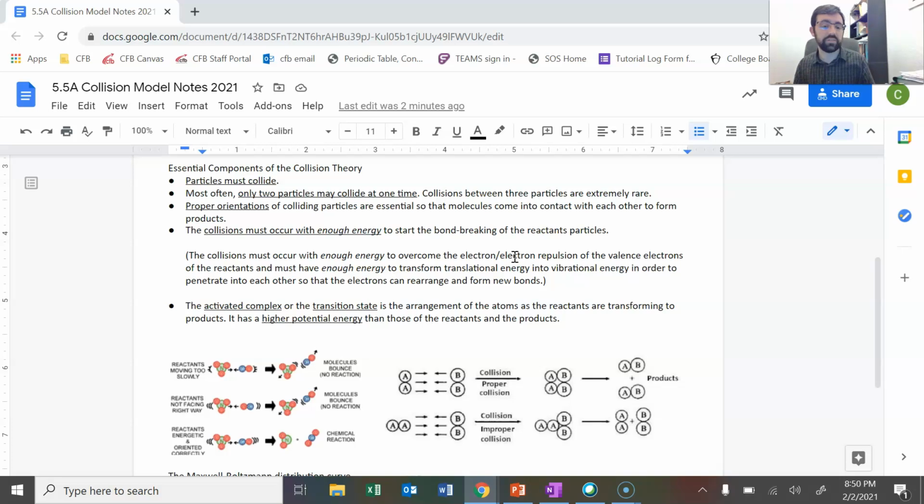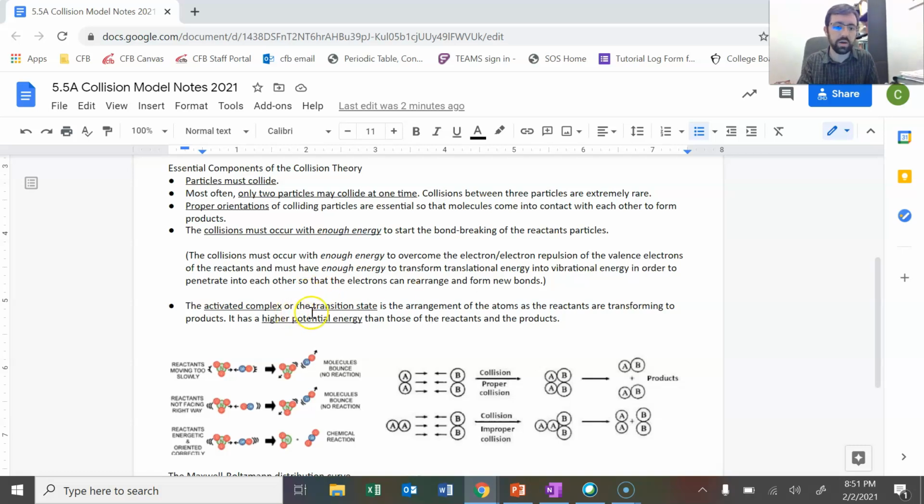They also have to have enough energy to transform that translational energy, which is the energy of just motion from one location to another, into vibrational energy so that they can penetrate each other so the electrons can rearrange and form new bonds. So you've got to have enough energy and it's got to be oriented the right way.